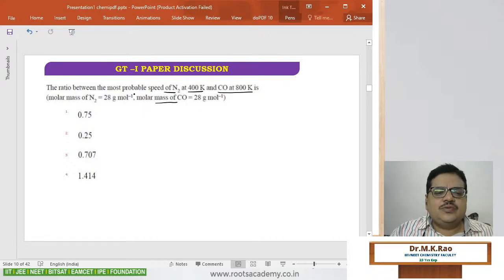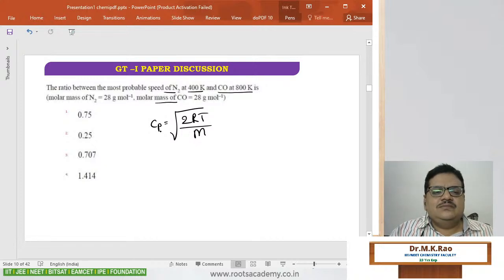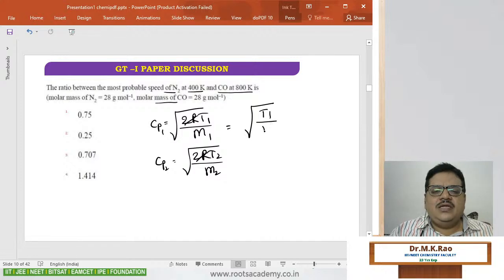The most probable speed Cp is equal to root over 2RT by m. So Cp1 by Cp2 is equal to root over 2RT1 by m1 divided by 2RT2 by m2. You can cancel 2R, so you can say root of T1 by m1 into m2 by T2.